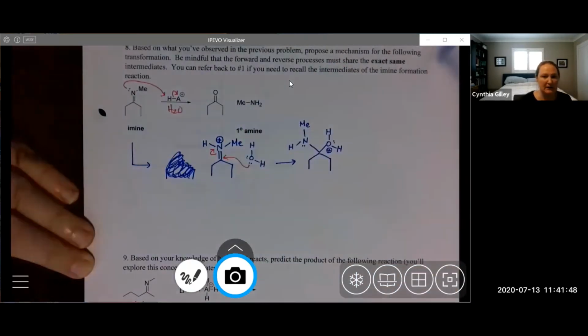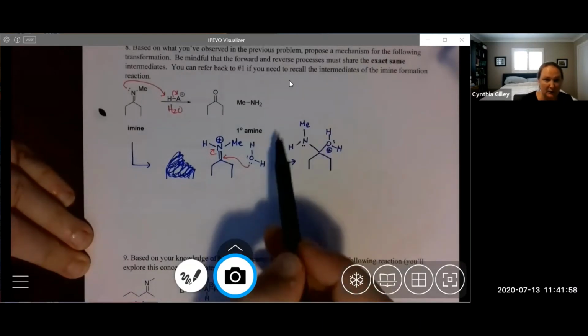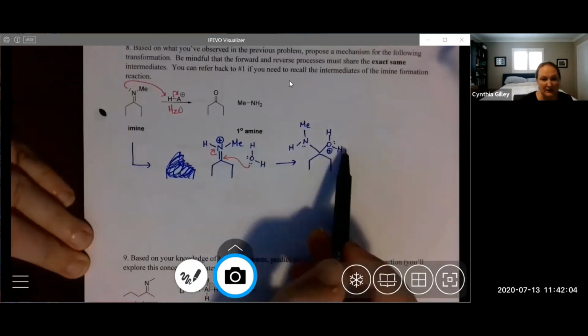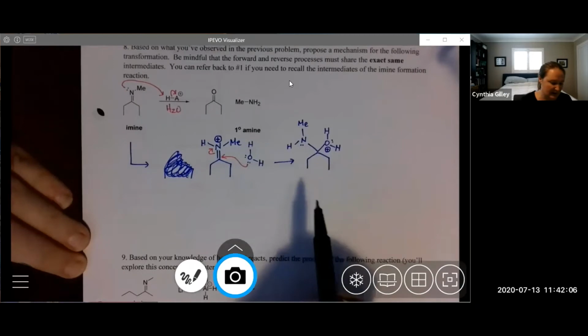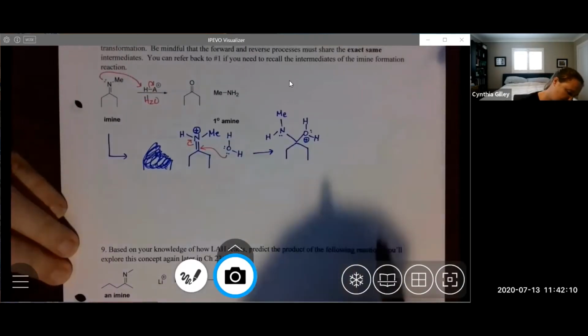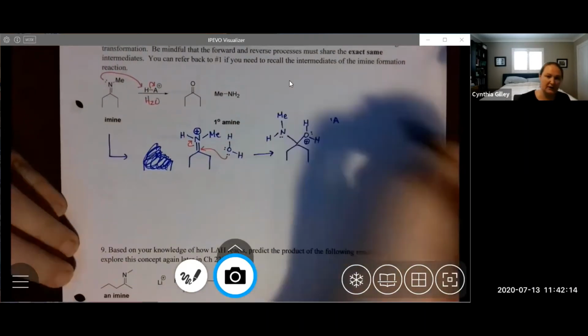And the amine here, the lone pair. Remember, now it's time for our proton shuffle. The goal is to remove this as a leaving group, but in order to get this to be a good leaving group, we've got to protonate it. So it's the proton shuffle in reverse, what we showed before. I can draw a generic base.